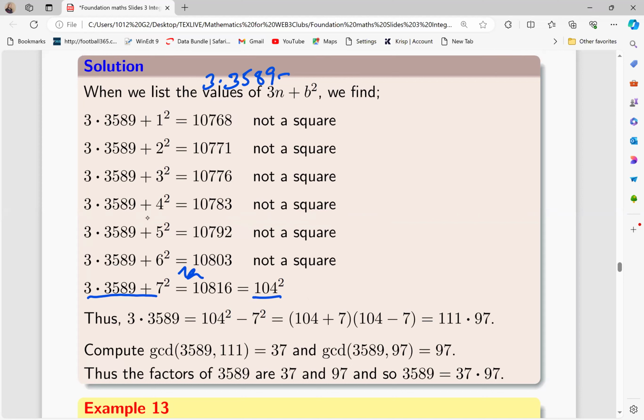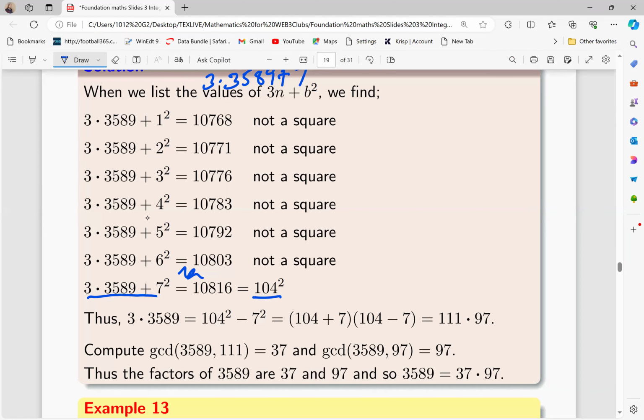Let me just a minute. Yes, so the left side is plus 7 square. And then the right side is 104 square.